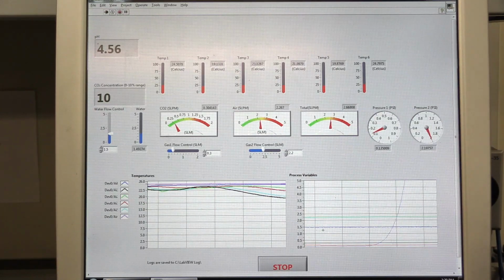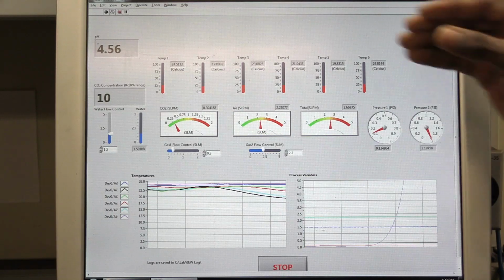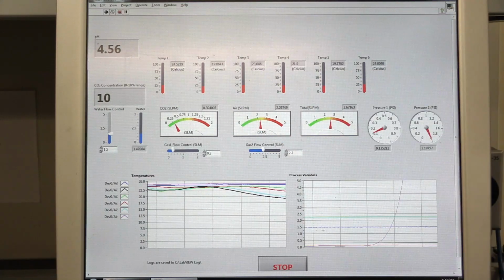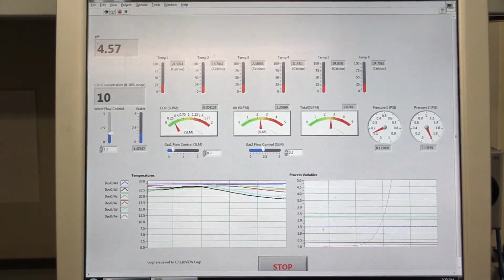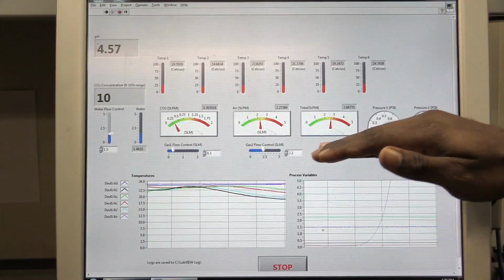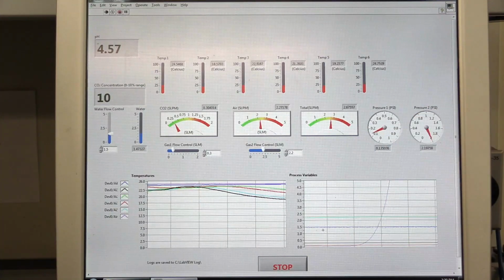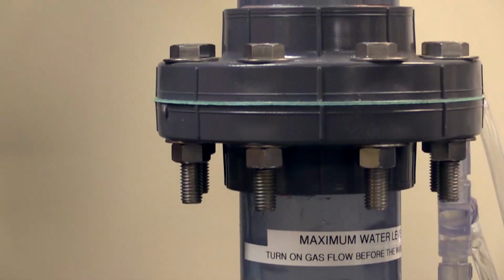For a measure of the temperature of the column, we take the average of T4 and T5. And then we'll stop condition 1 and move over to condition 2. So we're just going to wait for the system to become steady, and then we will move on to the next condition, condition 2.